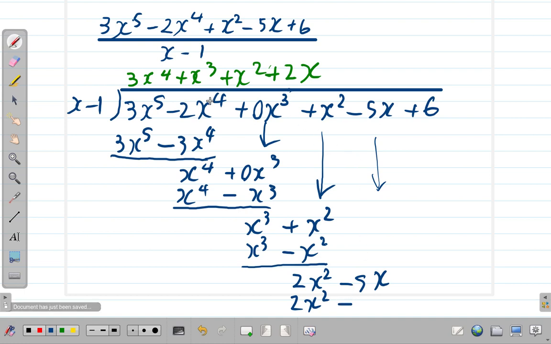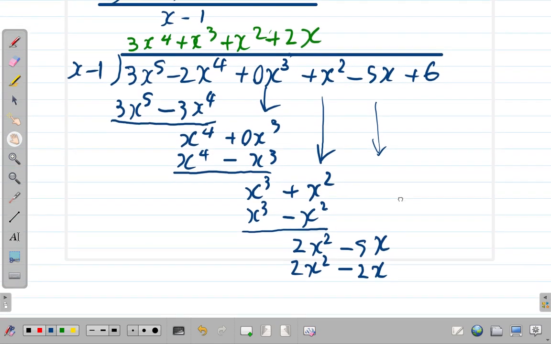Minus, and it will be 2x times 1. It's going to be 2x, right? 2x times negative 1, negative 2x. So you have that.